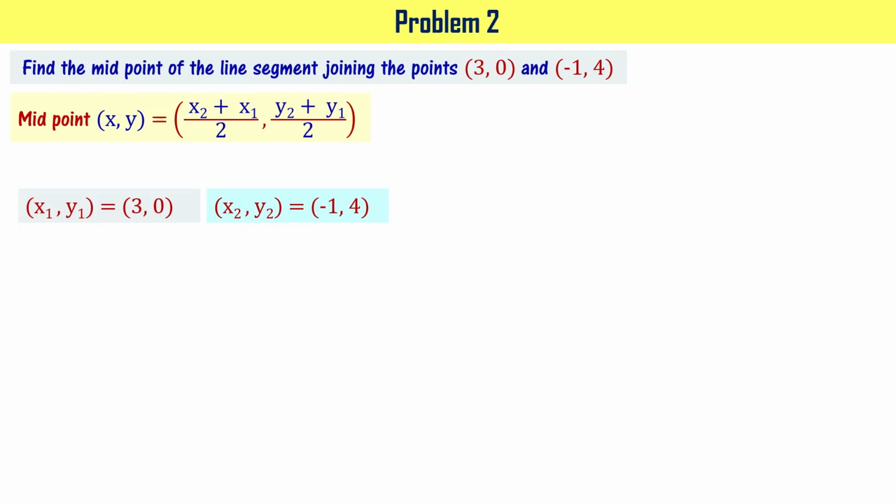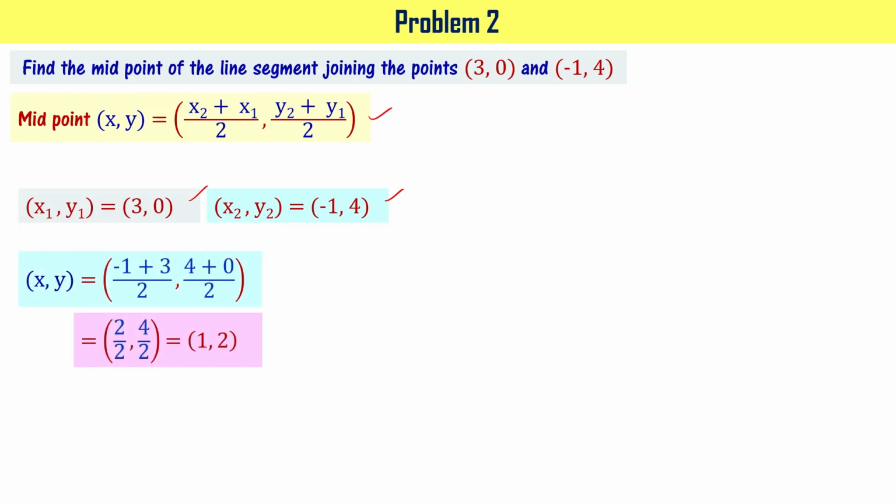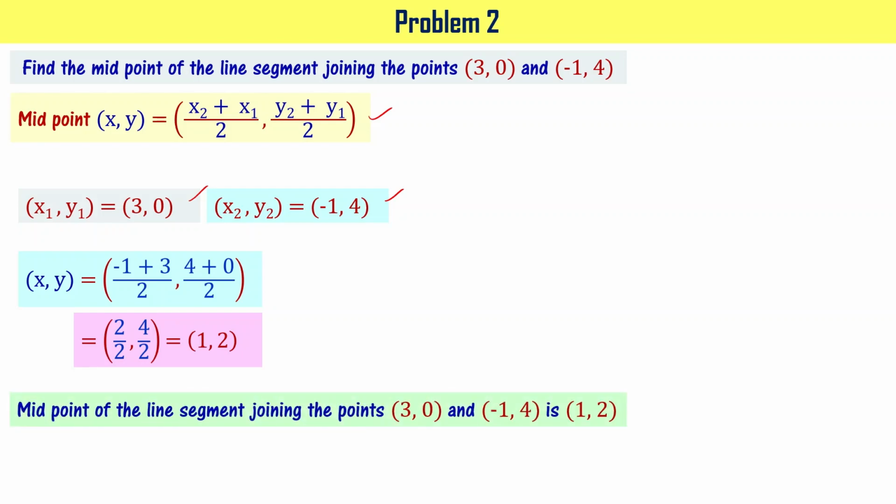Let's substitute these two into this particular equation so that I'll get midpoint x, y equal to 1, 2. So to answer the question, the midpoint of the line segment joining the points 3, 0 and minus 1, 4 is 1, 2. I hope you understand the concept.